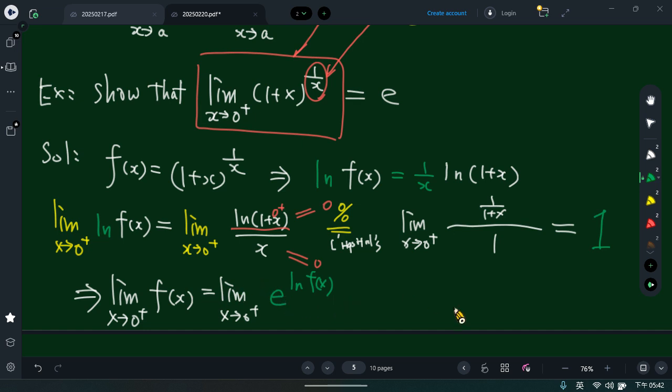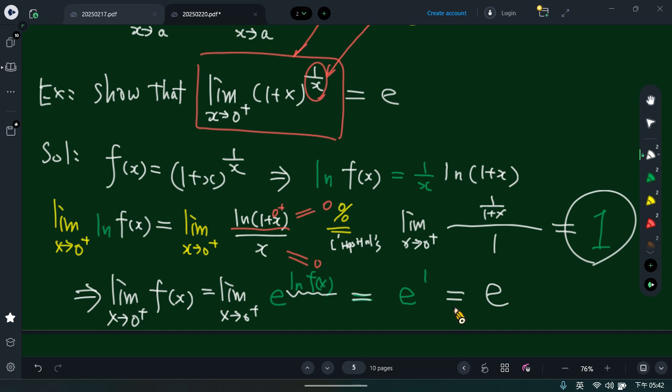You already have this limit, which is 1, so it will be e to the power of 1. So finally, the answer will be e.